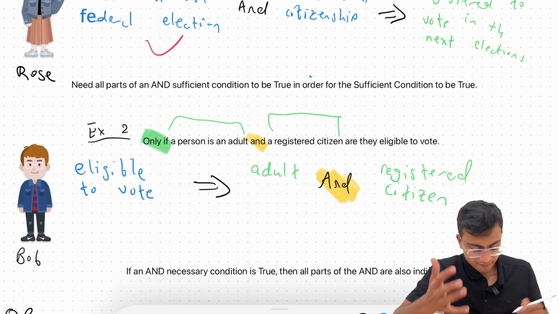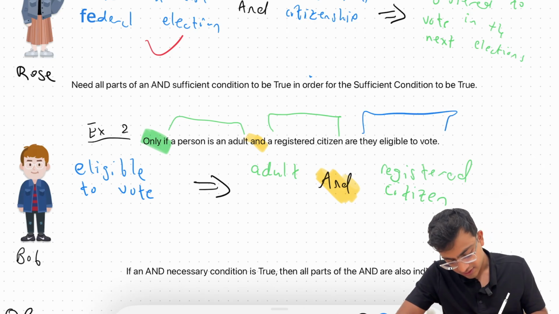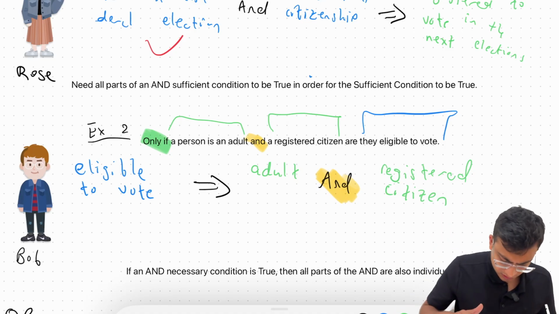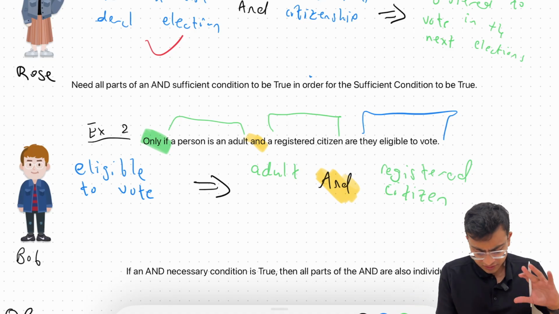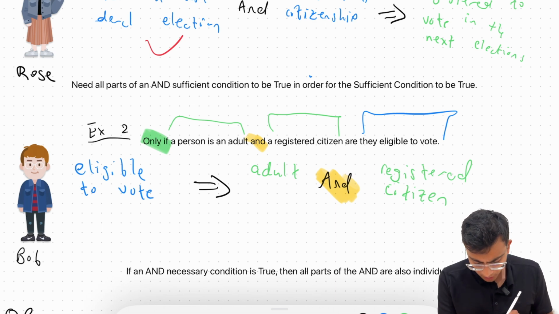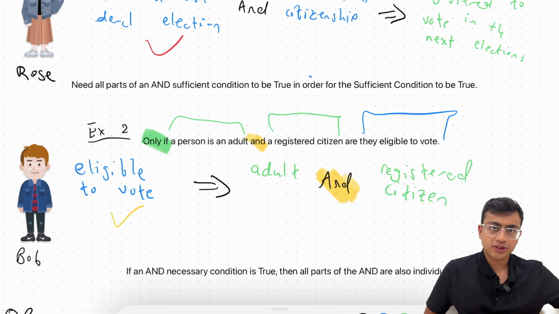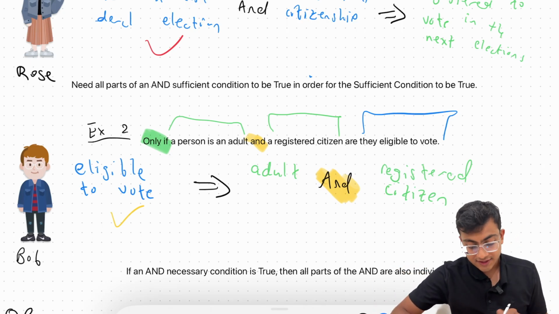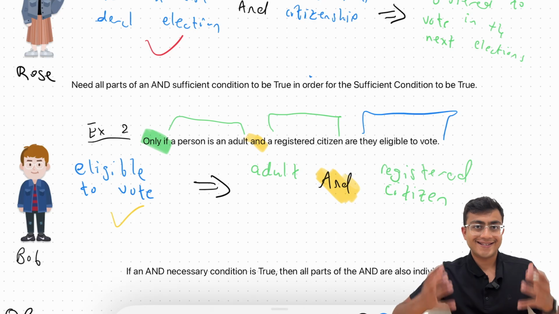And every time we have a necessary condition, we also have a sufficient condition. In this case, it's being eligible to vote. Now, the same thing applies. If Bob comes and tells you, "I am eligible to vote," so the sufficient condition is true, the necessary condition is also true. But in this case, the necessary condition is an and.